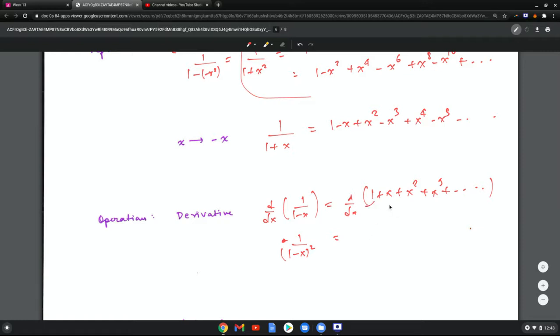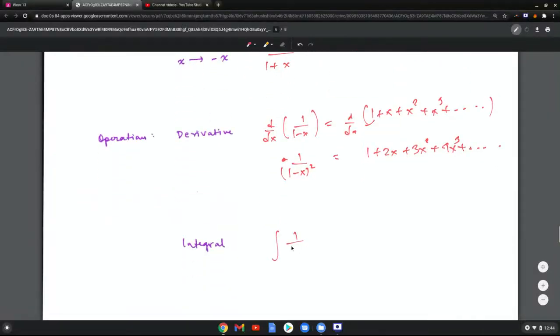And this is 1 plus 2x plus 3x squared plus 4x cubed, and so on. So what is happening here is that when you take the derivative, this is a series where you have increasing powers of x and you have the coefficients which are also increasing by 1. And that equals 1 over 1 minus x whole squared.